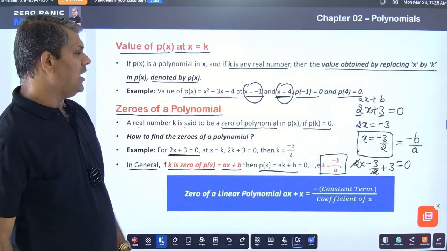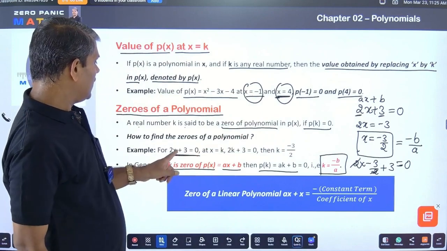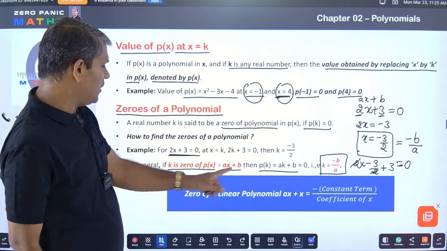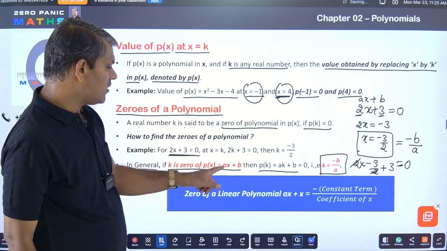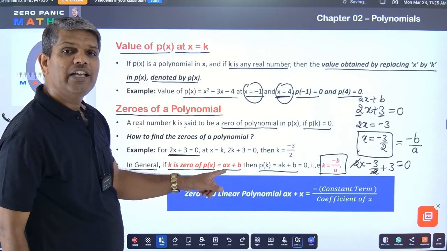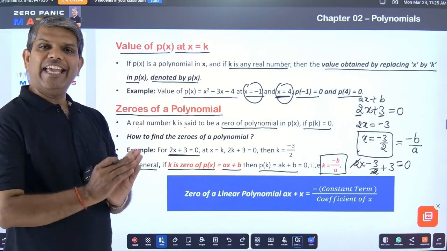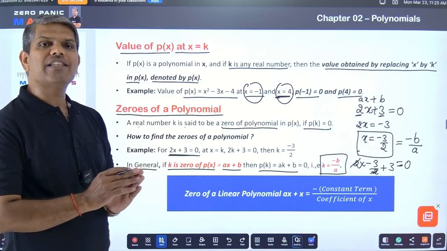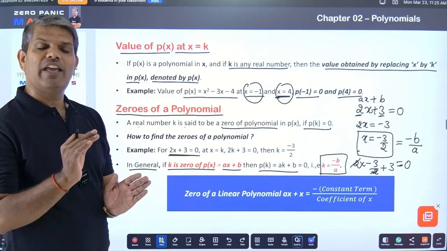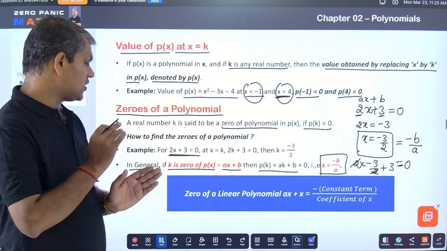What is b? B is actually the constant term in the generic expression ax plus b, and a is the coefficient of x. So in general, for a linear polynomial ax plus b, the zero of the polynomial is always minus b by a, where b is a constant term and a is a coefficient of x.